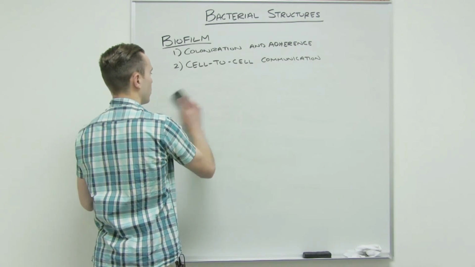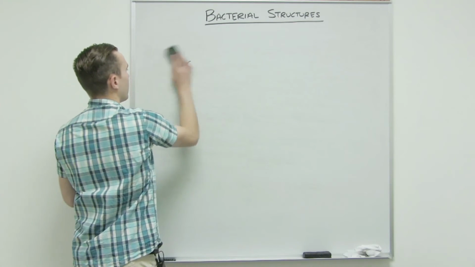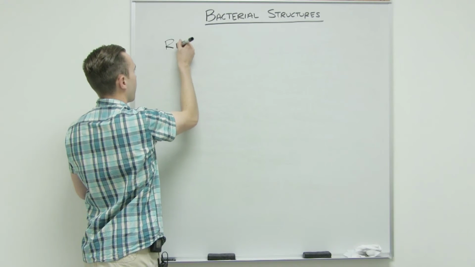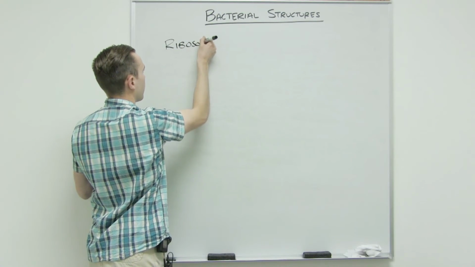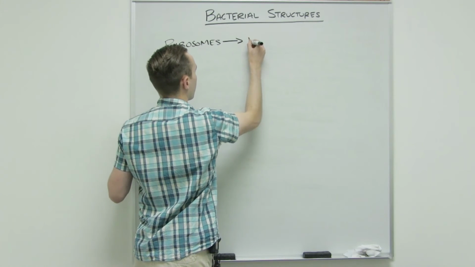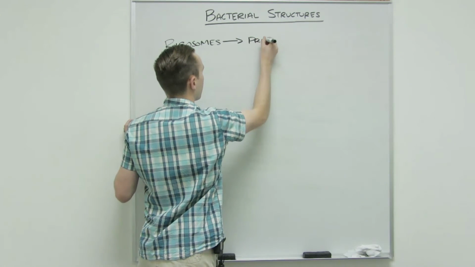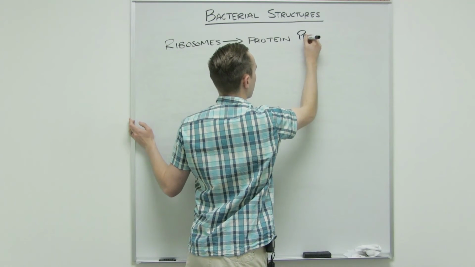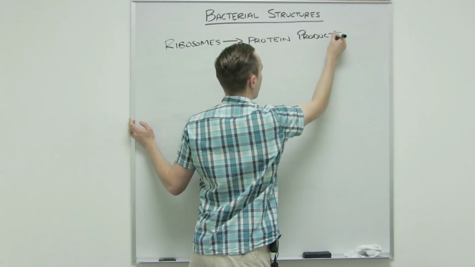And the last structure that we're going to talk about is going to be the ribosomes. And all you really need to know about it is that it's for protein production.